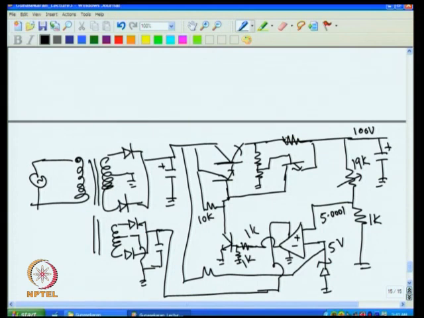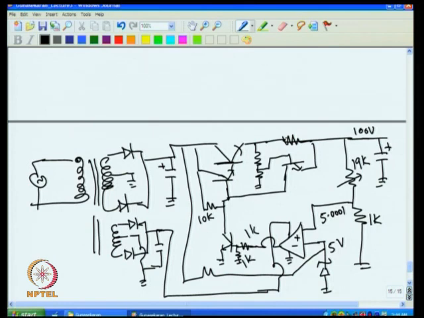So this is a configuration for high voltage, and of course there are a few other configurations that can be used for high voltage regulation, and this is one of them.